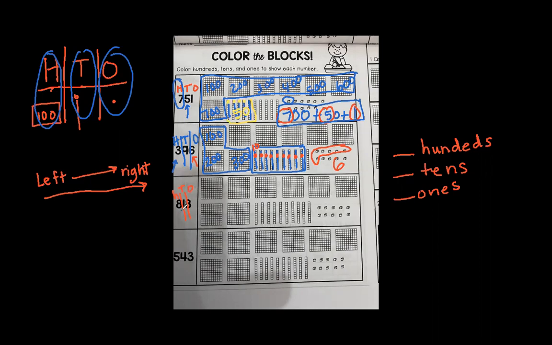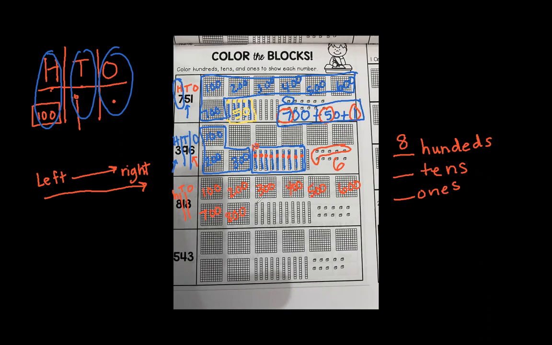There are 8 groups of 100. 100, 200, 300, 400, 500, 600, 700, 800. How many tens are there?